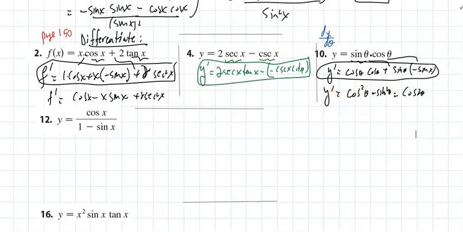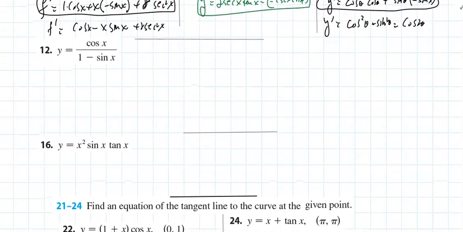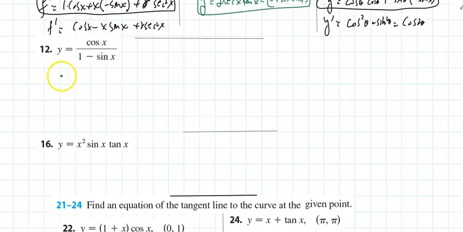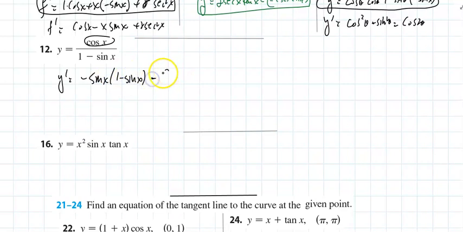On number 12, I need to use the quotient rule. So, if I take a derivative, that's derivative of the top, that's negative the sine of x times the denominator, minus the top times derivative of this, that's 0 minus the cosine of x, all over the bottom squared.